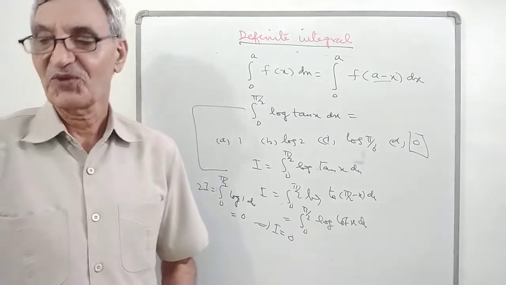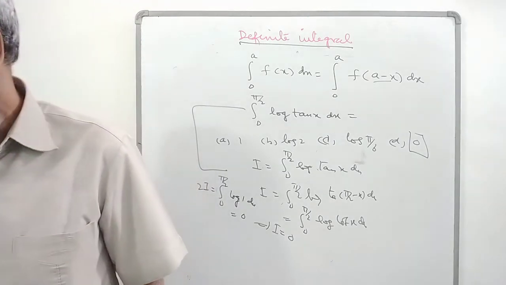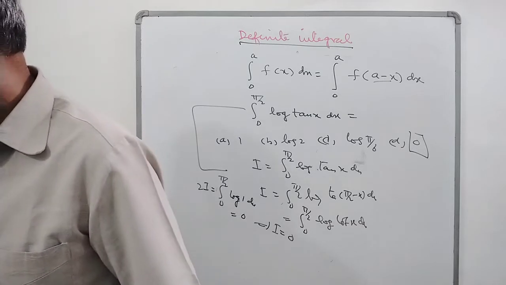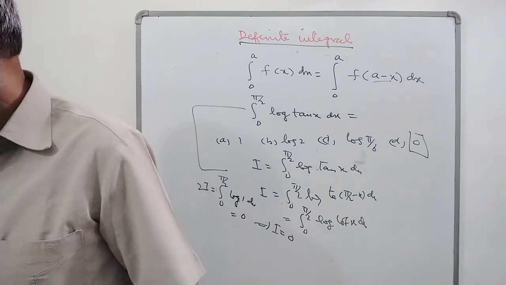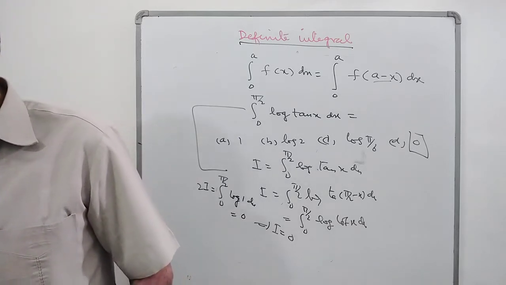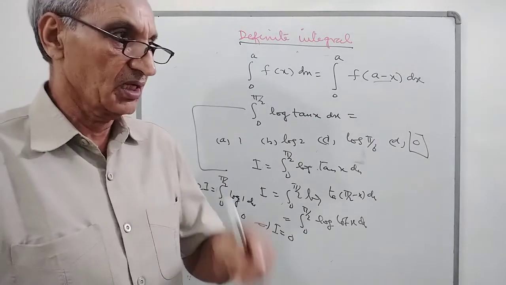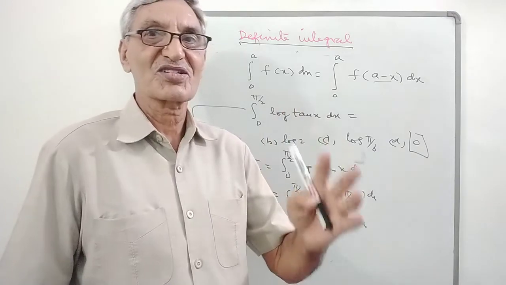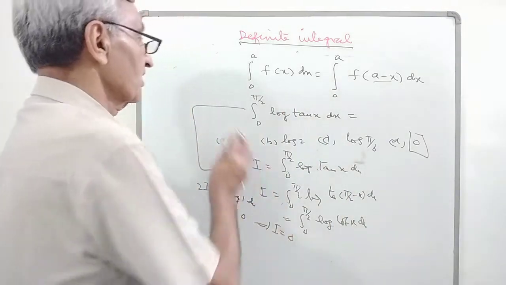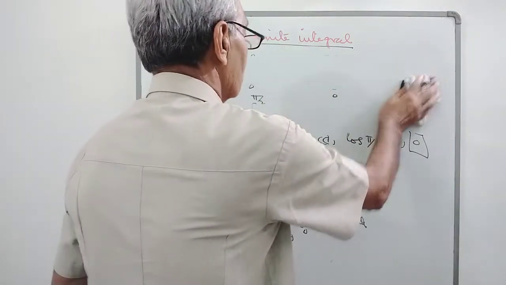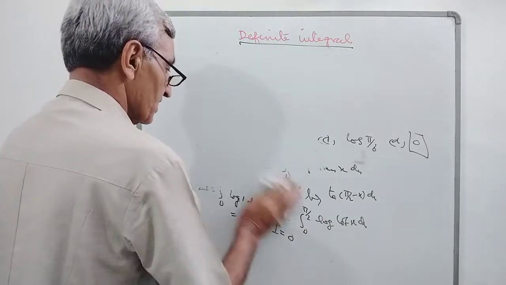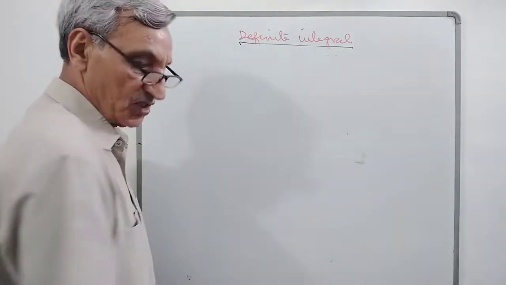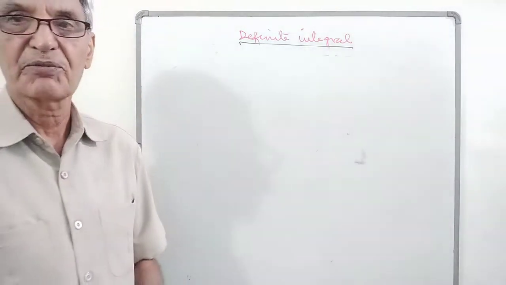This is the property we did, that from 0 to 90, this property we did, and these were questions of log. Well friend, I go to the next and last property of integrals, and the last question to do I'll be doing in 5 minutes. I'll finish the topic. Hope you will understand and do this question in the examination, whatever type of question they ask.